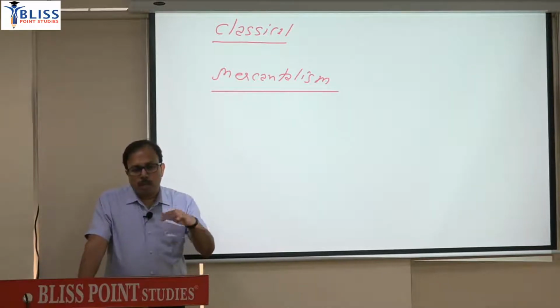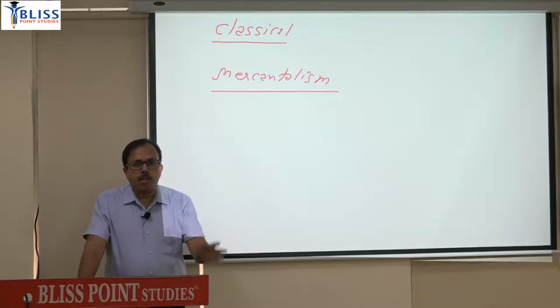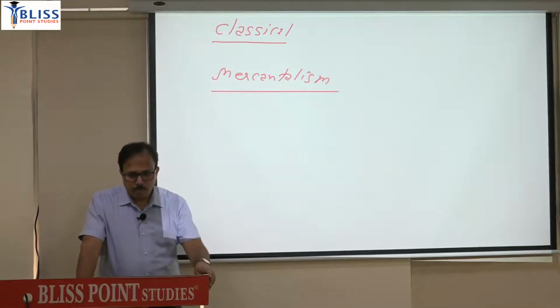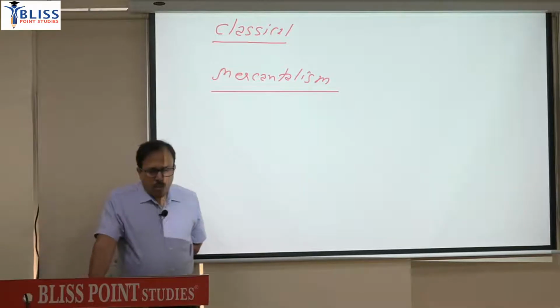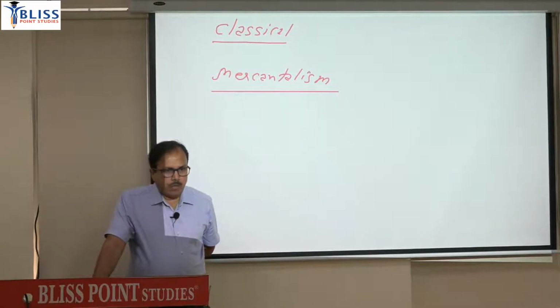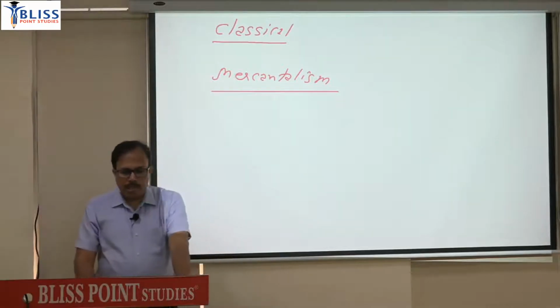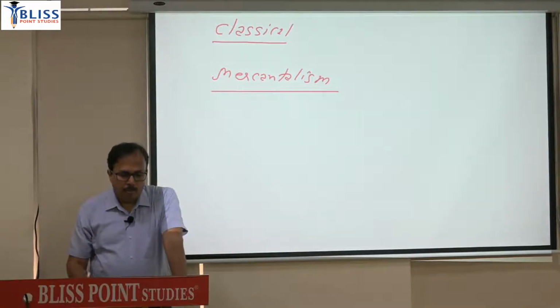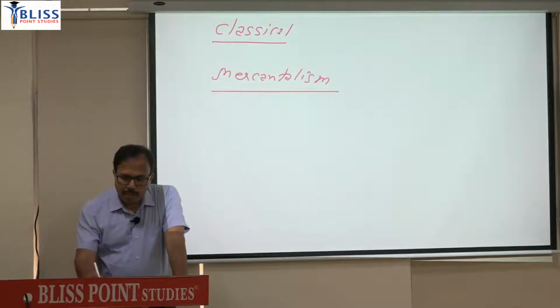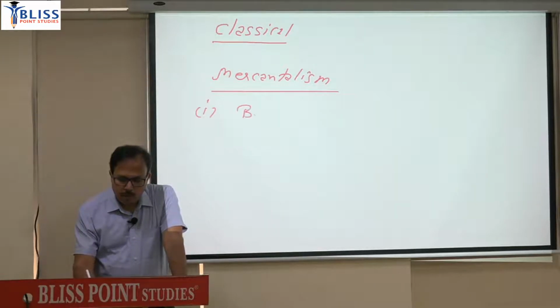मतलब क्लासिकल से पहले की जो इकोनॉमिक्स है, क्लासिकल से भी पहले की इकोनॉमिक्स, they were basically known as mercantilism. The features of mercantilism were number 1, Bullionism.